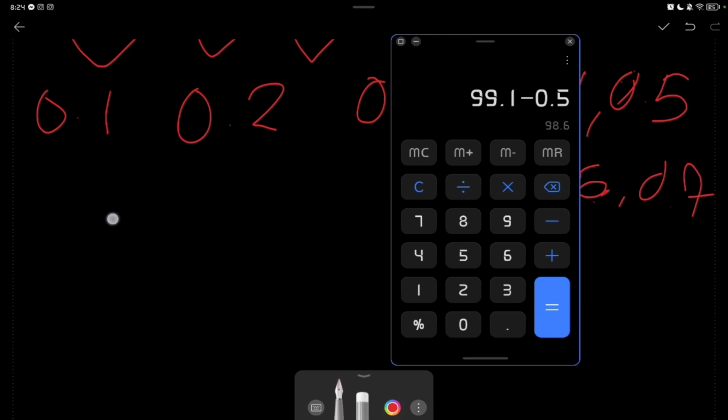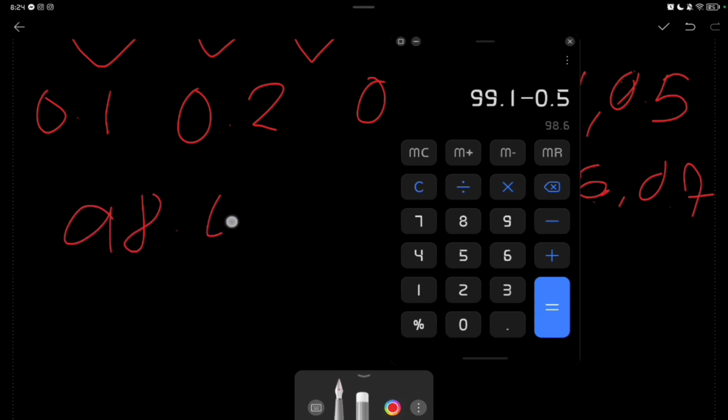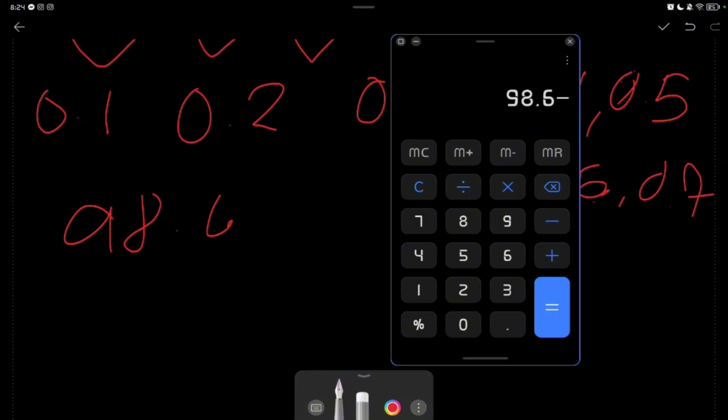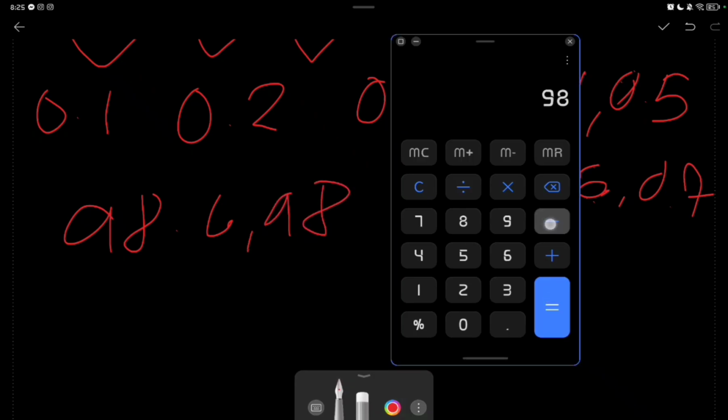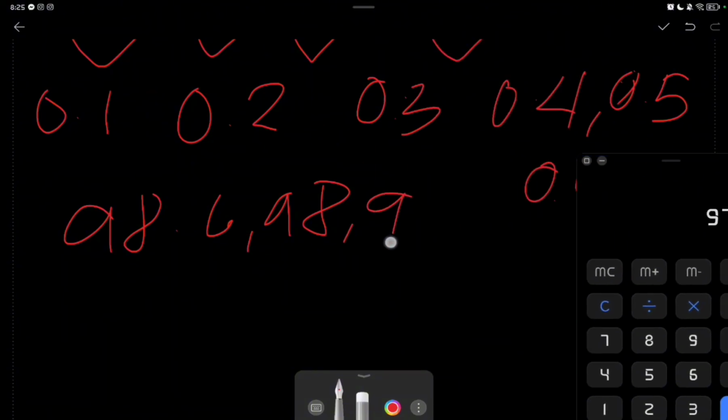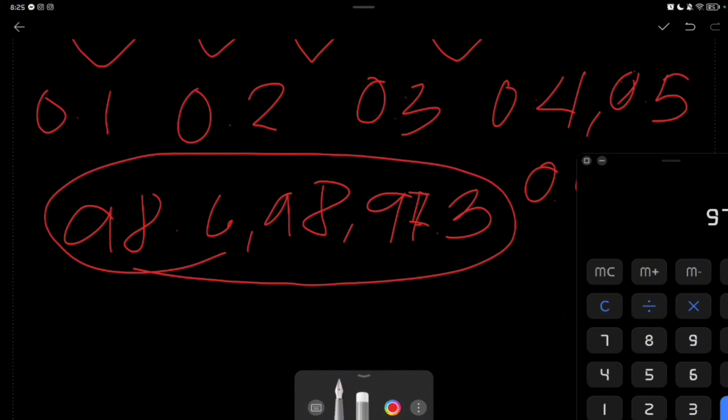It is 98.6, and then 98.6 minus 0.6, it is 98, and then 98 minus 0.7, it is 97.3. So this is the next three terms. That's it.